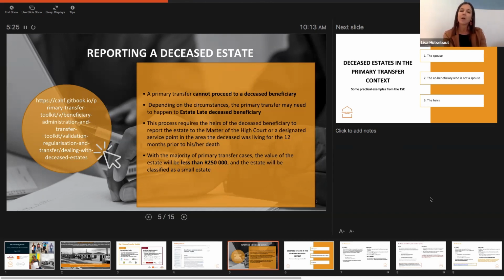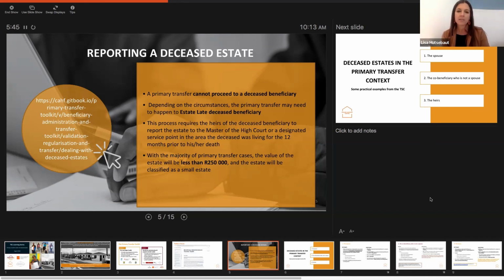So it's not a particularly complicated process. The forms are a little bit tricky, but with some guidance they can be fairly easily completed. Those documents get lodged at the master's office, and the master needs to issue what's called letters of authority.